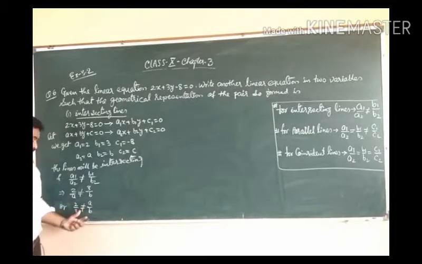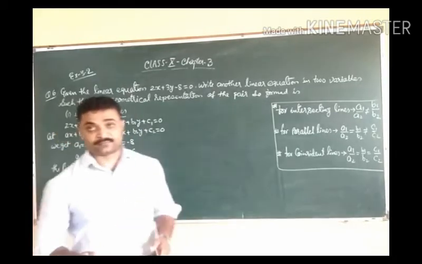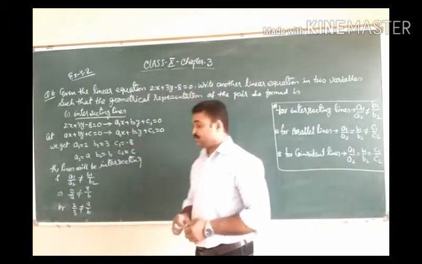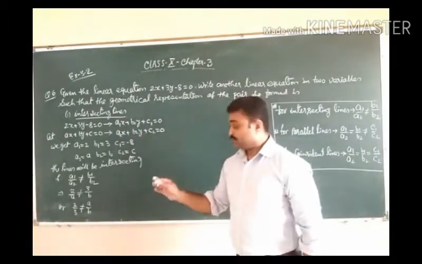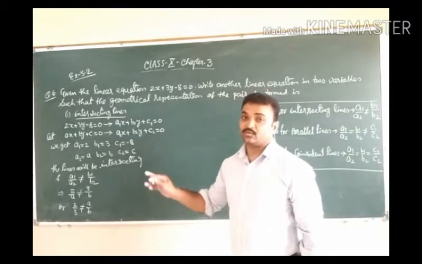Now, 2 upon 3 is not equal to a upon b means we have to write the values of a upon b such that after cancellation they will not be equal to 2 upon 3.